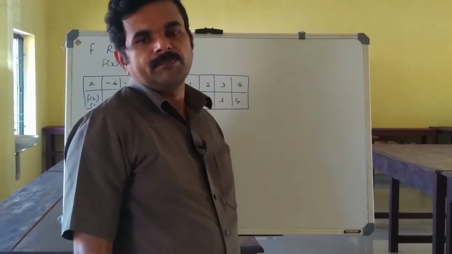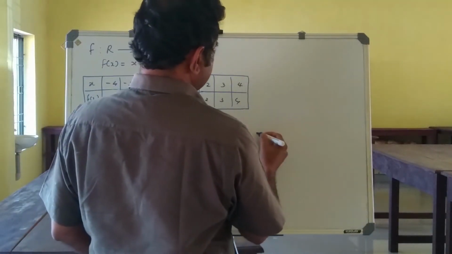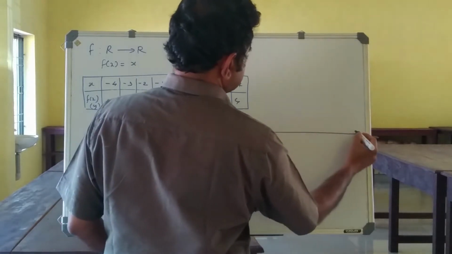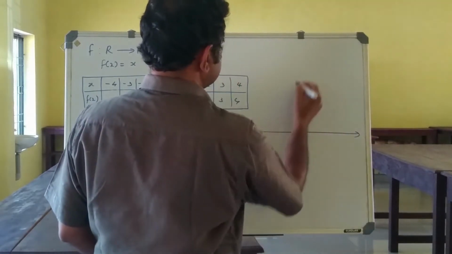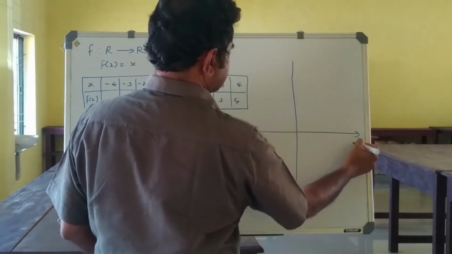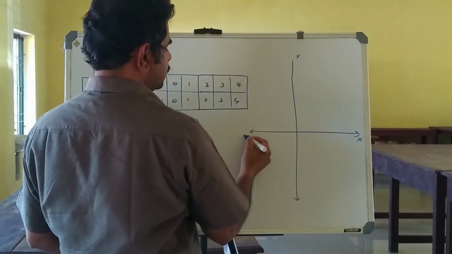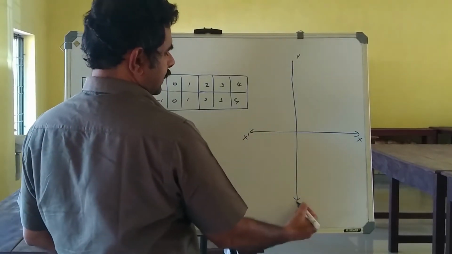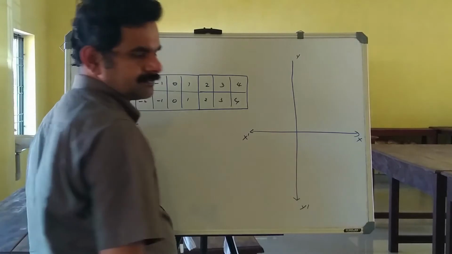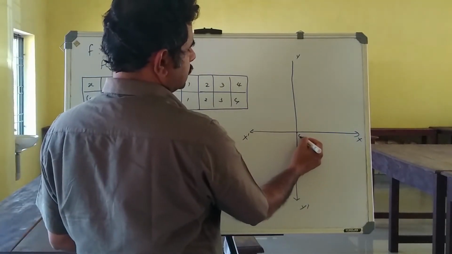Then we can draw its graph by drawing both the x and y axes. It is the x axis, y axis, x and its negative part, x dash, y and its negative part, y dash. This is its origin or center, marked as 0.